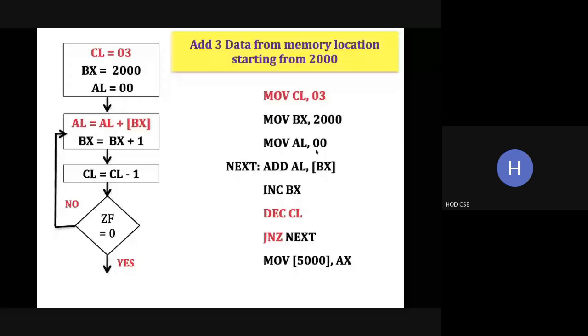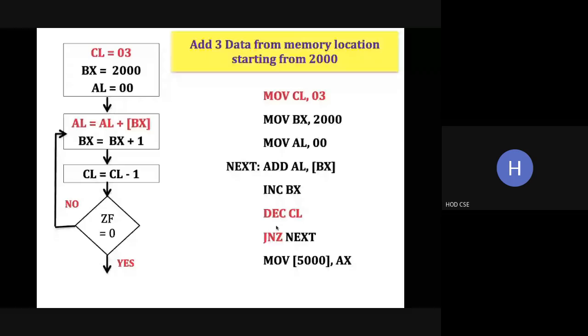BX is initialized as 2000 and AL as 00. Add AL comma BX, the first data is added with the accumulator. Then increment BX. Since we have a counter, I'm decrementing it and checking whether it is not 0. If it is not 0, I'm repeating this process.